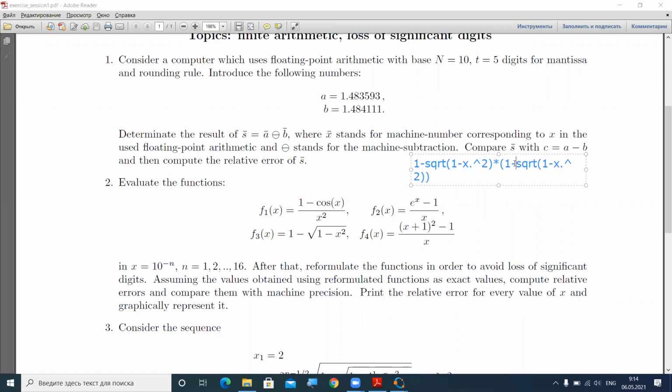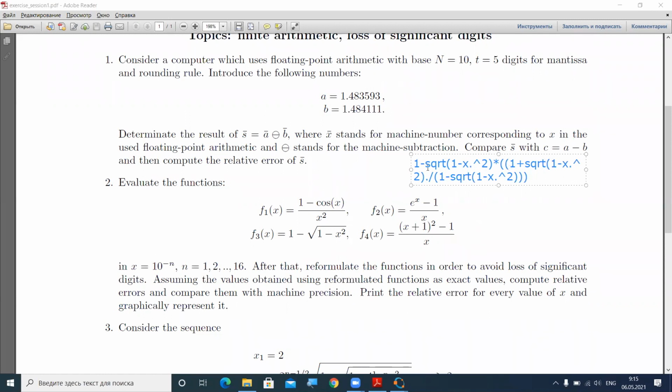In the middle we have plus. And here dot division to this one.